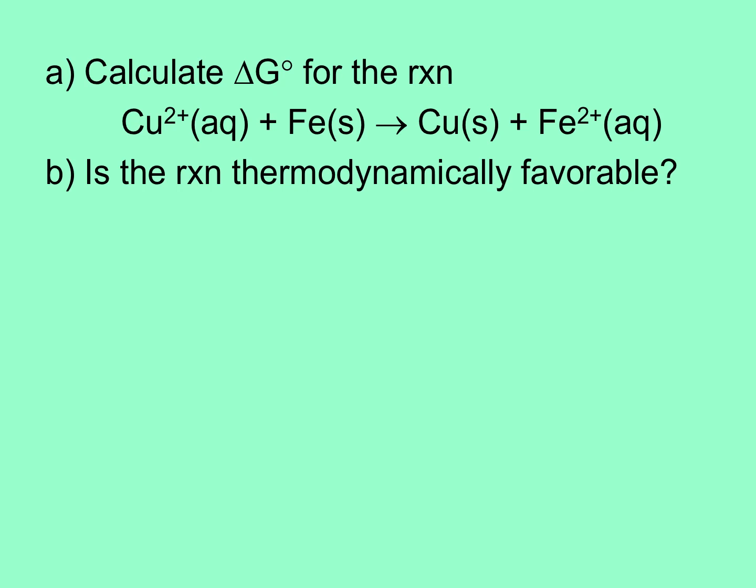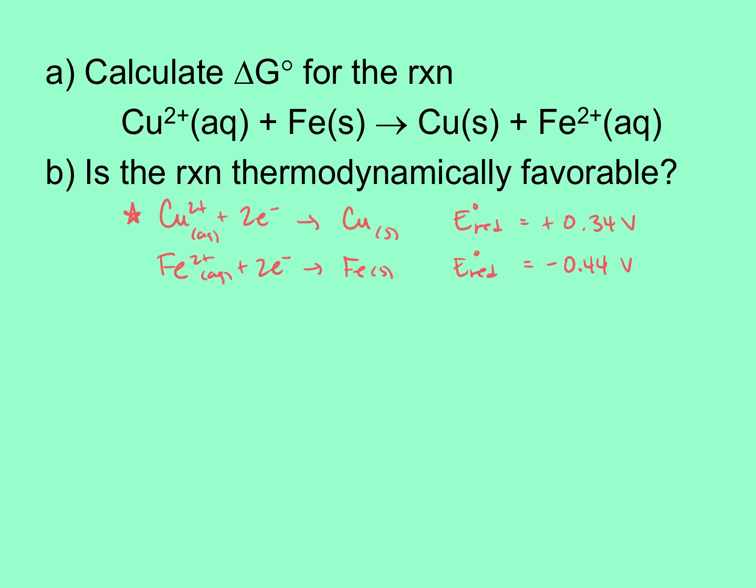For the reaction as written, you would see based on these two reduction potentials that it was this reaction that was happening as a reduction, which means that the second one must be occurring as an oxidation. So I'm going to go ahead and rewrite and flip around that second equation to Fe solid to Fe2+ aqueous plus 2e-.